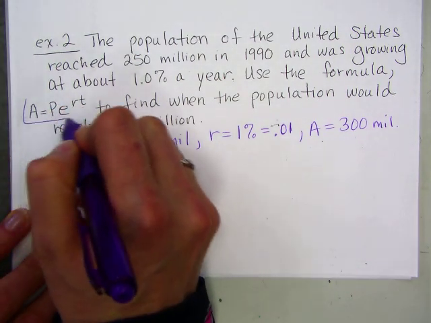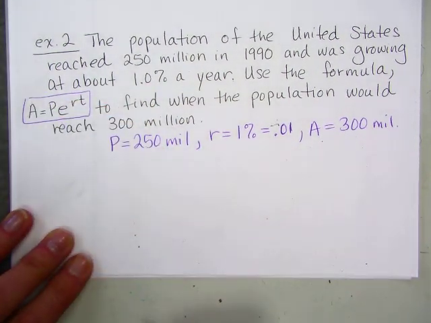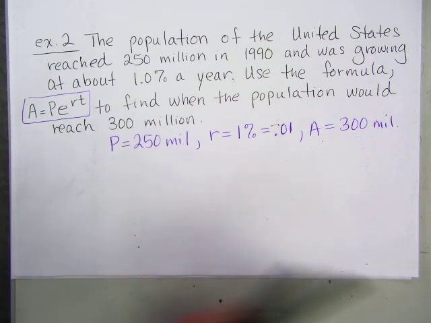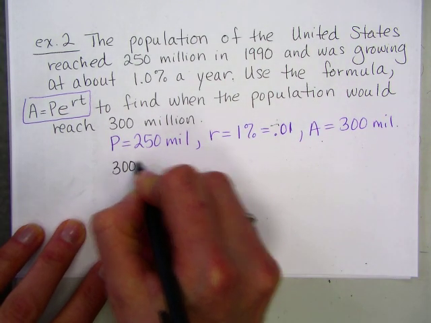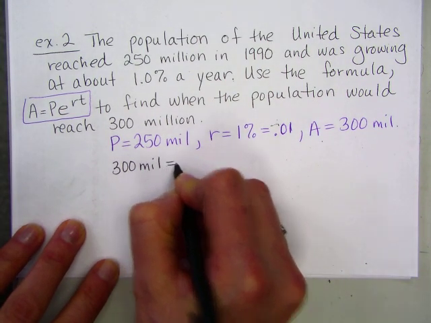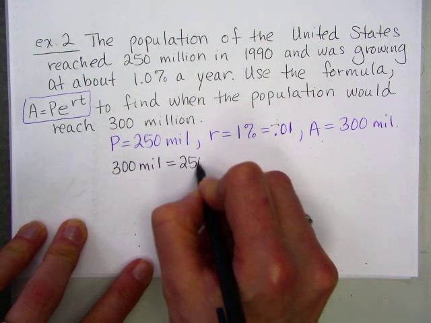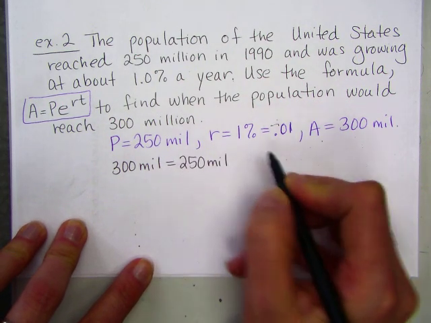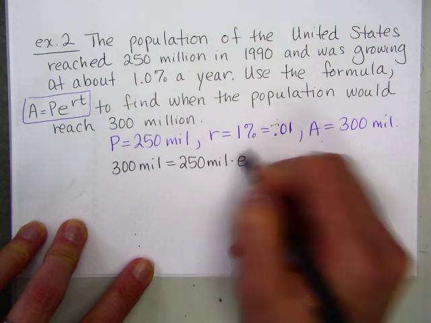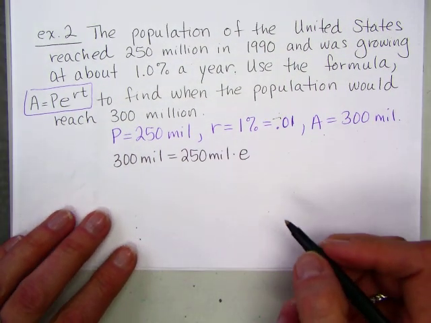So now if we plug that into our formula, okay, we have 300 million equals 250 million times E, which remember is a number like pi, 2.718.